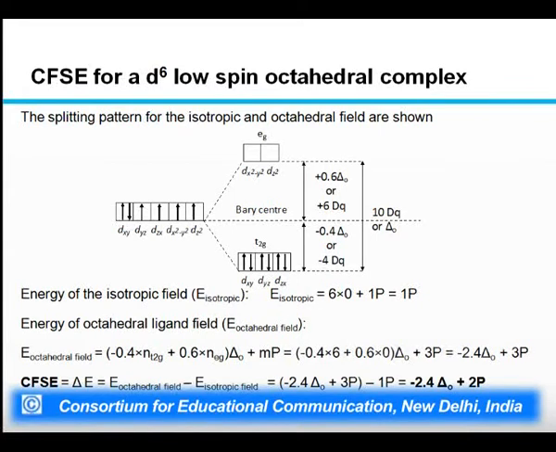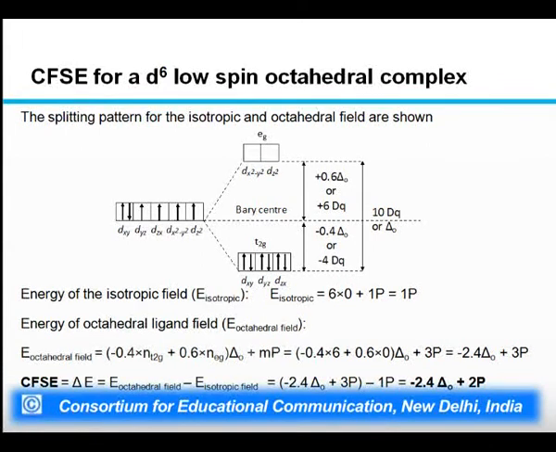Similarly, for a D6 low spin octahedral complex, we see that the electronic configuration is T2G6. Now, here in the spherical field there is one electron pair, whereas in an octahedral field there are 3 electron pairs.